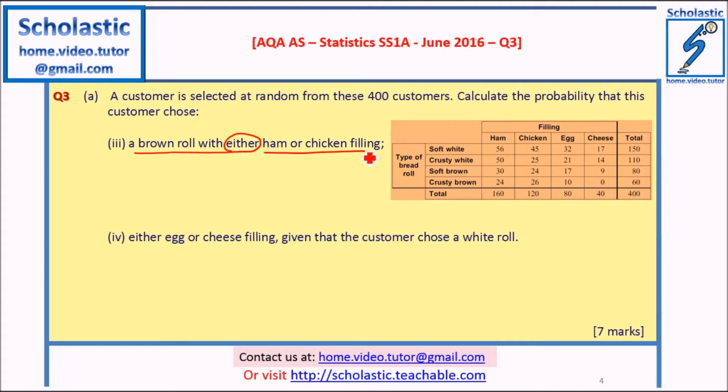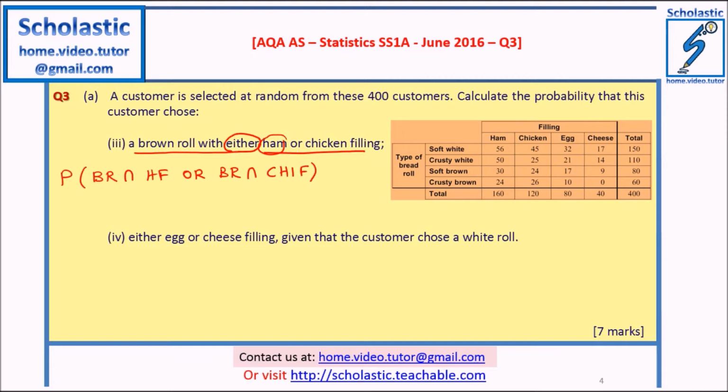When you get an either, you need to add 2 probabilities. That means the probability of choosing a brown roll with ham filling, or a brown roll with chicken filling. So what are the 2 probabilities that you have to add?